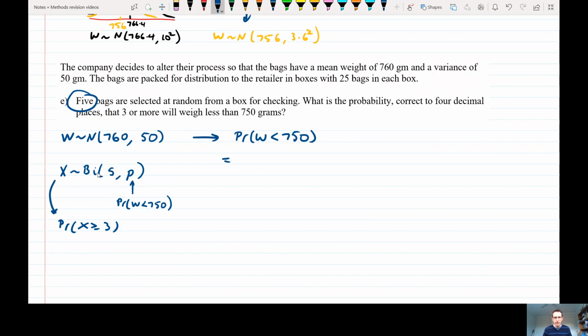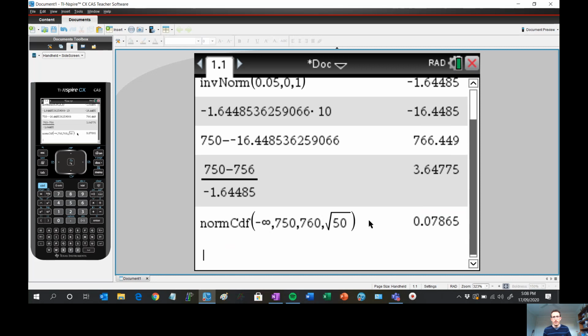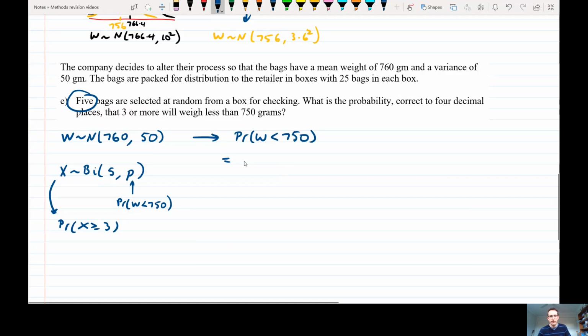The mean was 760 and the standard deviation was the square root of 50. Like that. And we end up with a value of 0.07865. That's the rounded value.